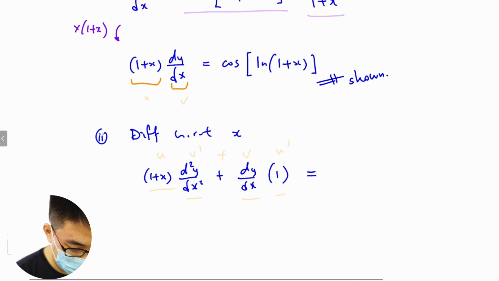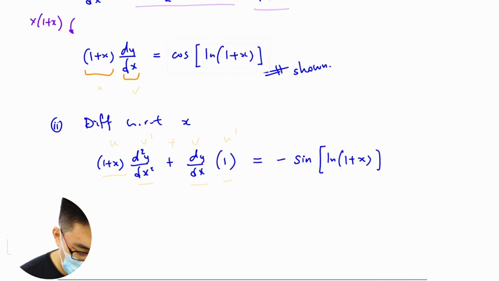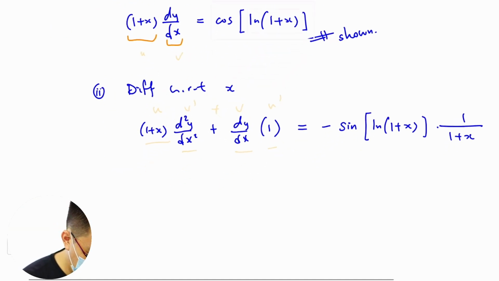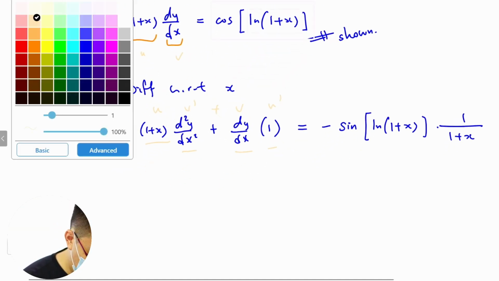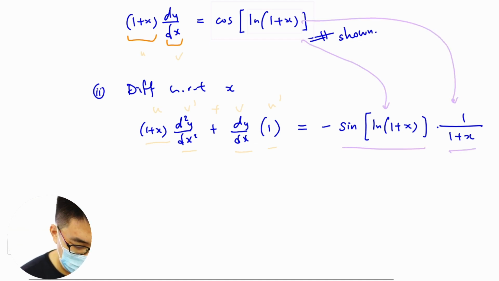Then after that, in here, negative sign ln 1 plus x. Then the inside one will be, okay, like that. Chain rule, there you go.